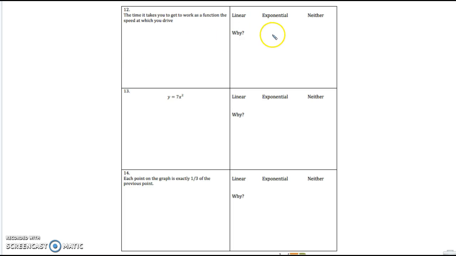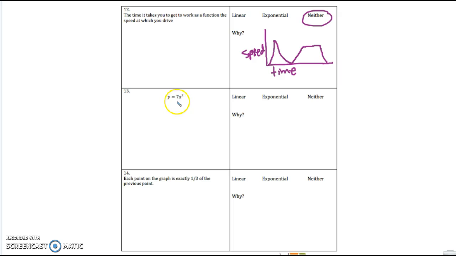Here's our time. Here's our speed. Sometimes we speed up really, really fast, and then we have to slam on the brakes and stop. And then you could go a little bit faster, and then you could stay constant, and then slam on the brakes and stop. So this is going to be a neither.